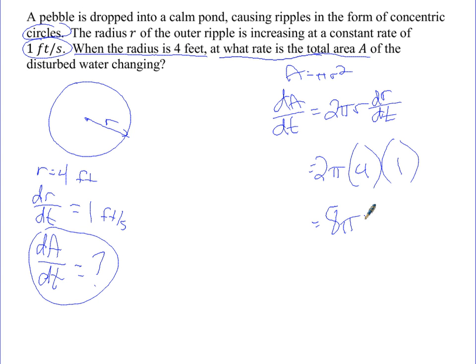This was just a 2, this is just a pi, but this 4 is feet, and this 1 is feet per second. So you multiply and you get feet squared per second. Feet squared, of course, is an area unit, and then per second gives you a rate. So you're changing at a rate of 8 pi feet squared per second.